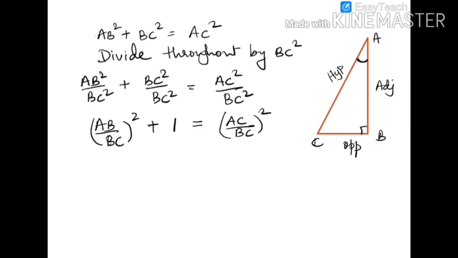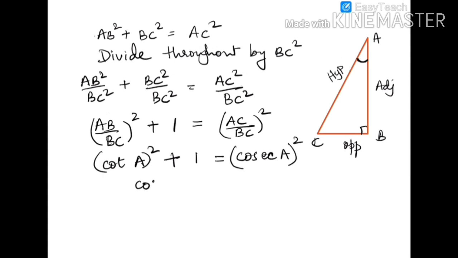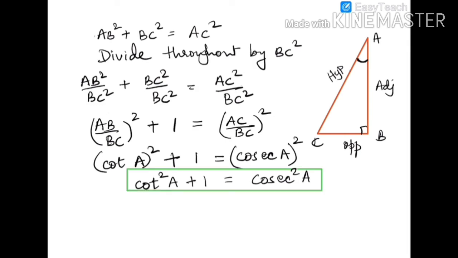AB upon BC from the figure is adjacent upon opposite, and that is cot A. And AC upon BC from the figure is hypotenuse upon opposite side. So that ratio is cosec A. So we get the third identity, that is cot square A plus 1 equal to cosec square A. We can write the same identity in two more ways.